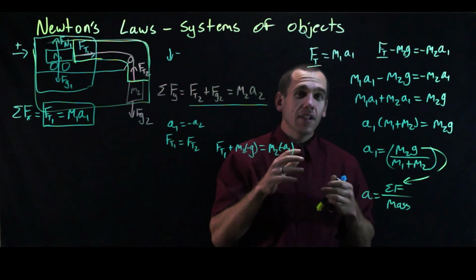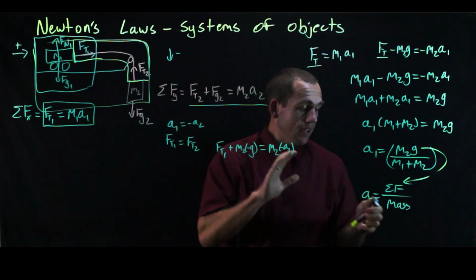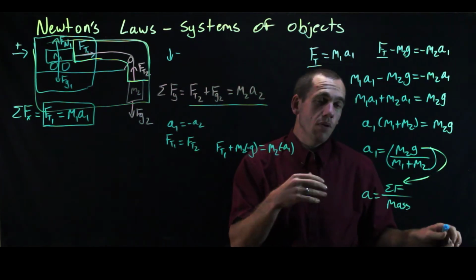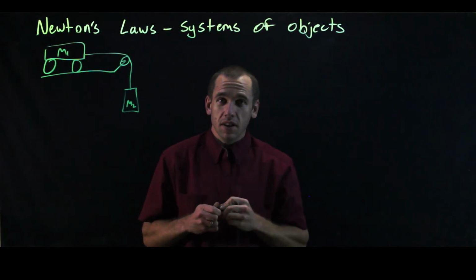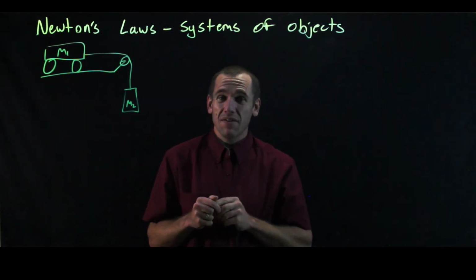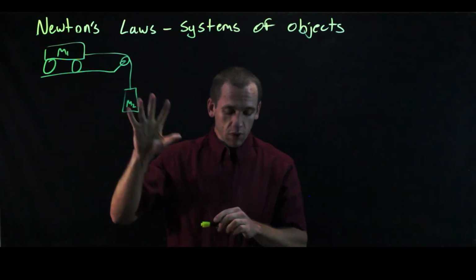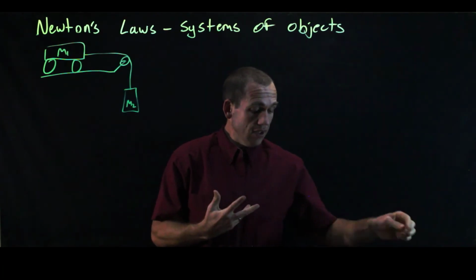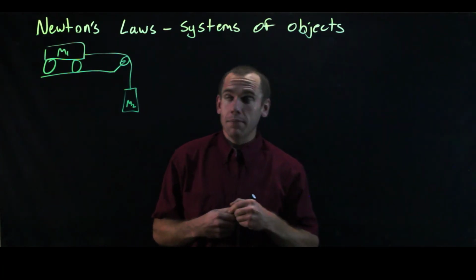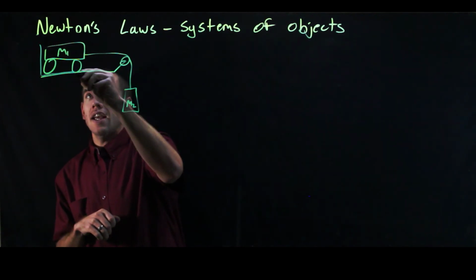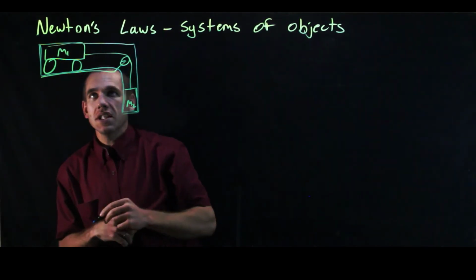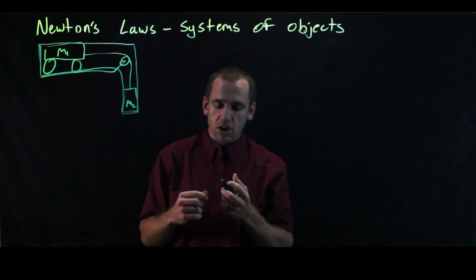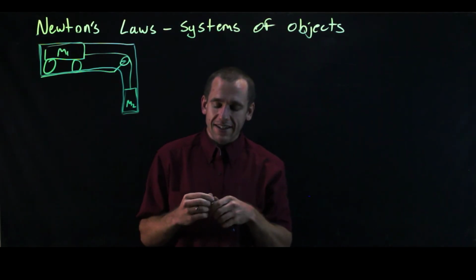Okay. Now let's look at this again as a system instead of two objects connected by a string. This time, instead of looking at two separate objects with forces acting on both of them, we're going to take a look at the system of objects. So I'm going to enclose this thing so we understand that forces that can actually cause acceleration have to come from outside that system.